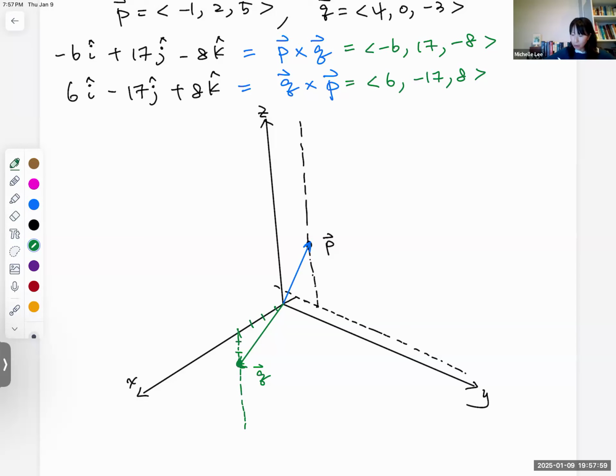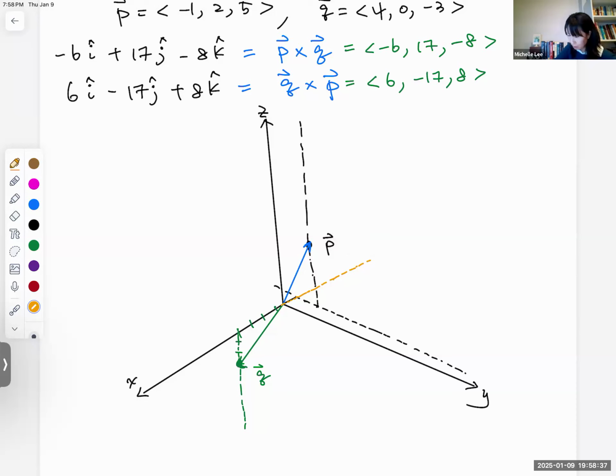Now I want to plot the point, the cross product of P and Q. So negative 6, 17, negative 8. Negative 6. I said that this is 1, I put too much for the 1. So 1, 2, 3, 4, 5, 6. Okay.